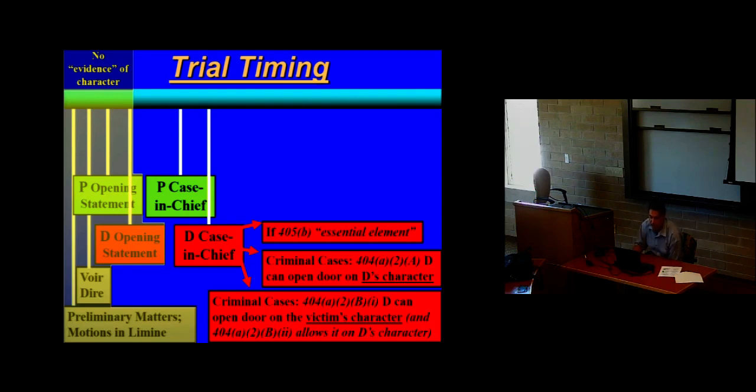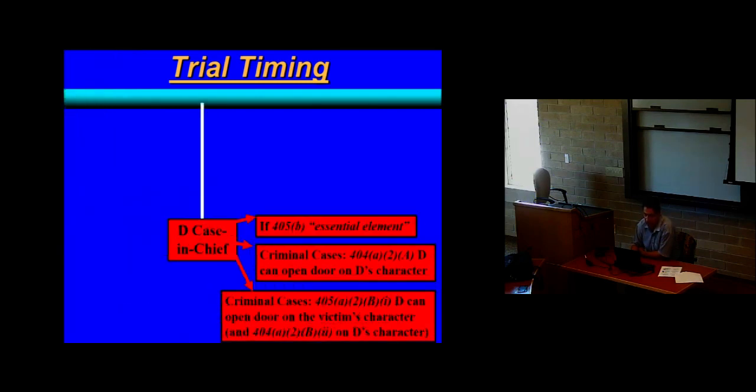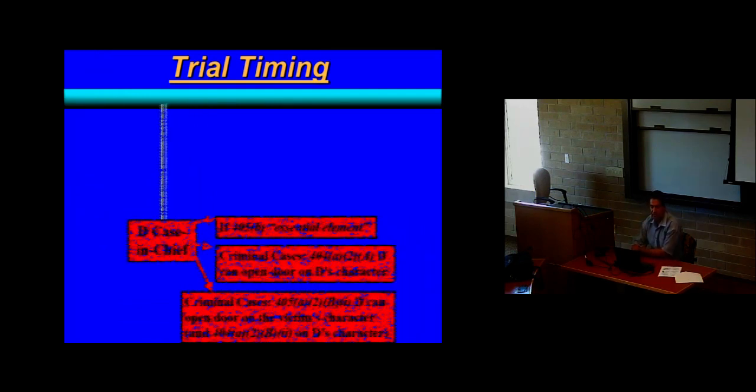But remember, by doing this, under 404(a)(2)(B)(2), the defendant also opens the door on defendant's character on that very same trait. Okay, so that's a lot of door opening that can take place in the defendant's case in chief, right, where they get to do the opening of the door.